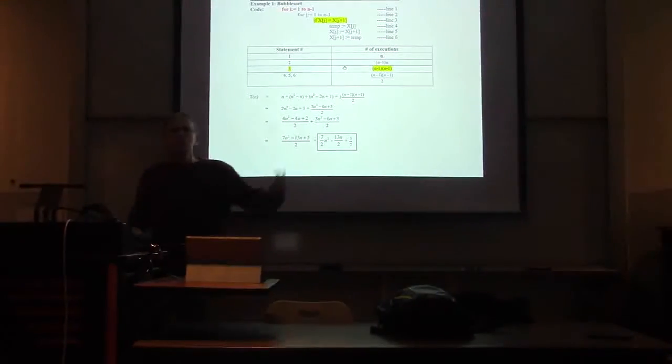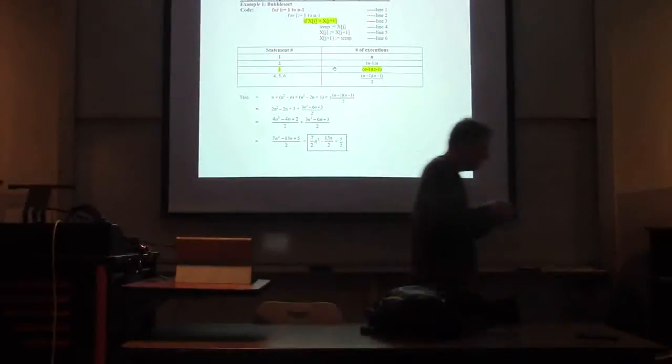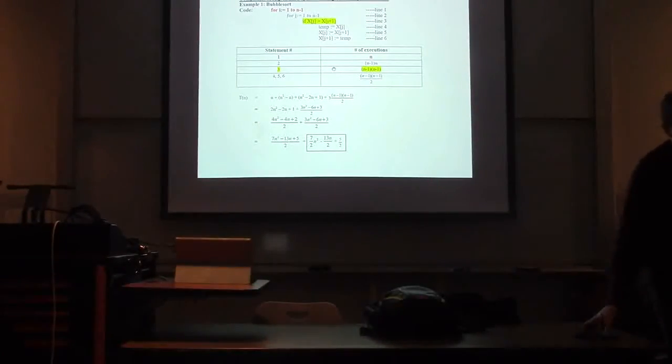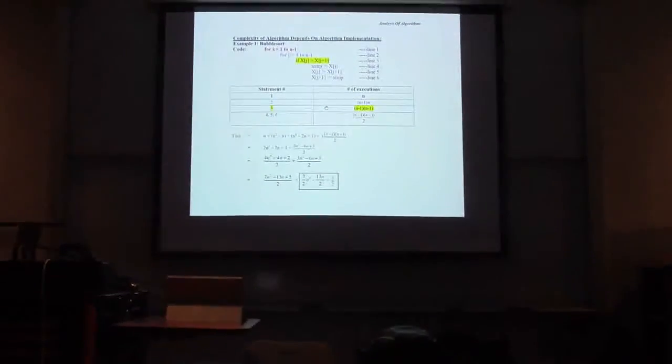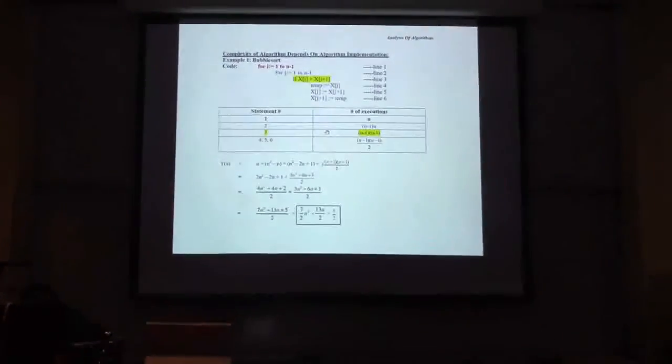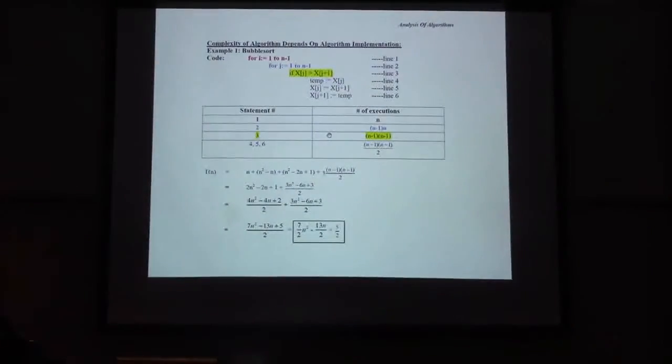The question is, what is the minimum value? The minimum value occurs when i goes to its maximum value of what? The biggest value of i for which the loop enters into the purple is n minus 1. So when i is n minus 1, j goes from 1 to n minus (n minus 1). What's that? 1 to 1.